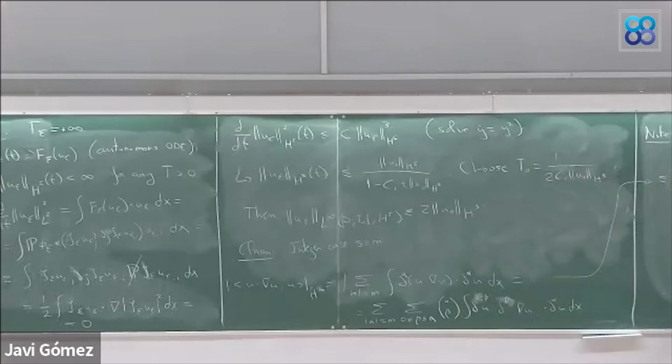Some big constants. Okay, so I'm just going to write the derivatives like this. We have m minus j derivatives applied to u.